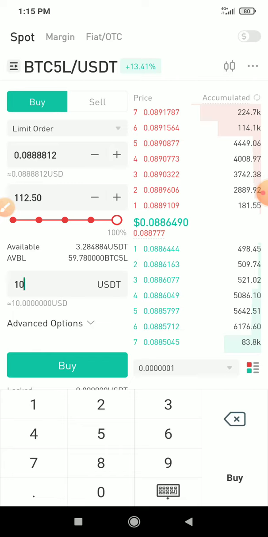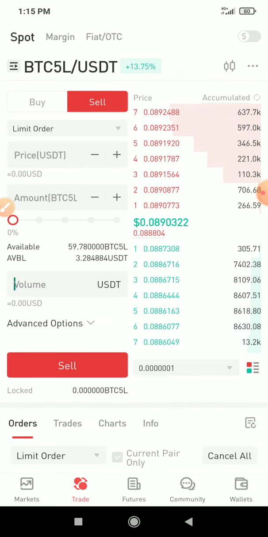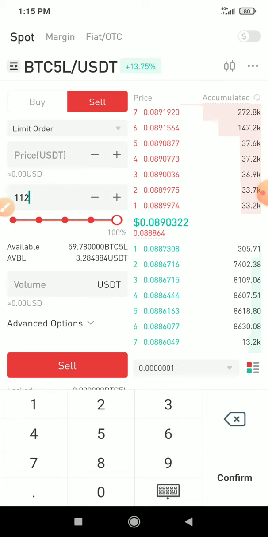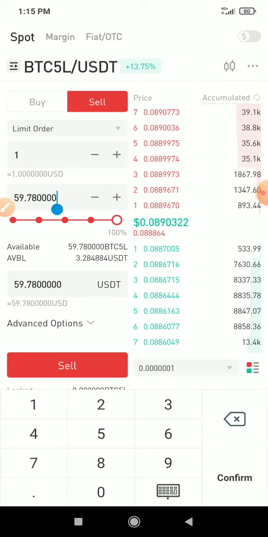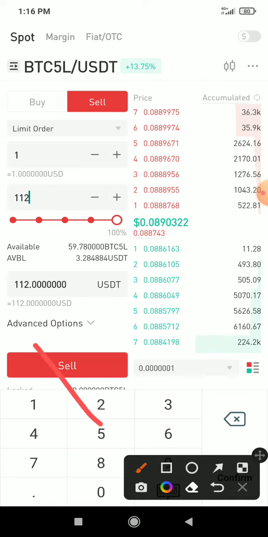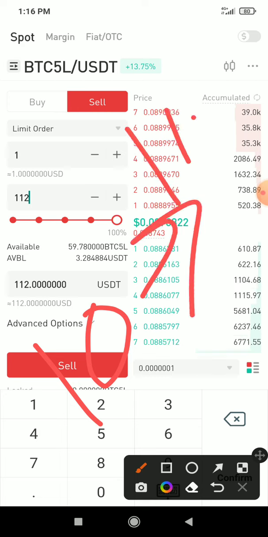Now suppose the price goes up, and we sell 112 BTCL at 1 USDT each. Then our 10 USDT goes to 112.